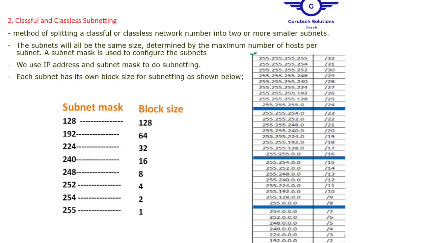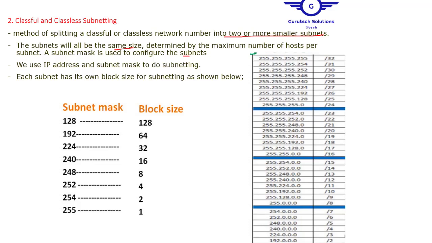Classless and classful subnetting is a method of splitting a classful or classless network number into two or more smaller subnets. The subnets will all have the same size, determined by the maximum number of hosts per subnet. A subnet mask is used to configure subnets.